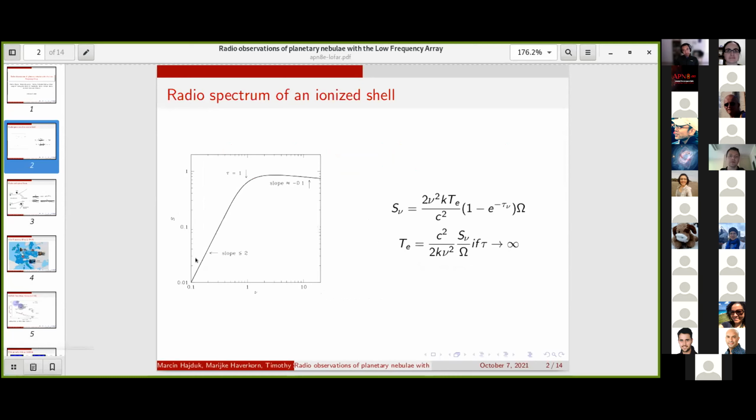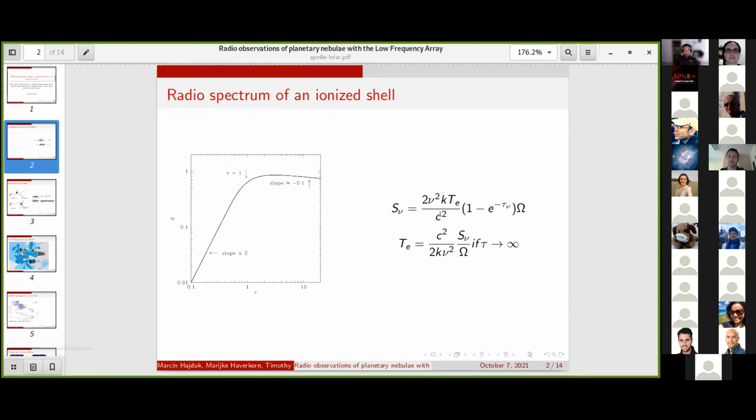It emits thermal radiation and shows a steep slope with a spectral index of 2, and at the optically thin part, it shows a flat spectrum. This is a simple formula describing this. This is the Rayleigh-Jeans approximation of the Planck curve. And if we go to the optically thick emission, then the term in the square is reduced to 1.